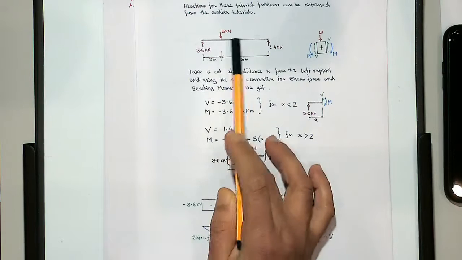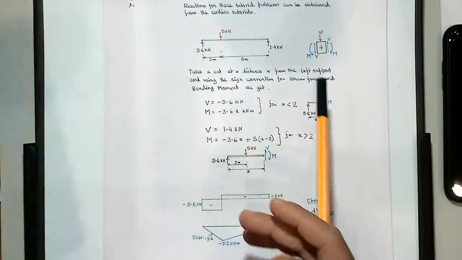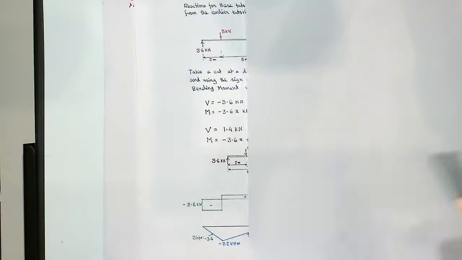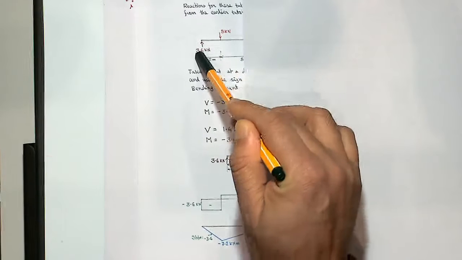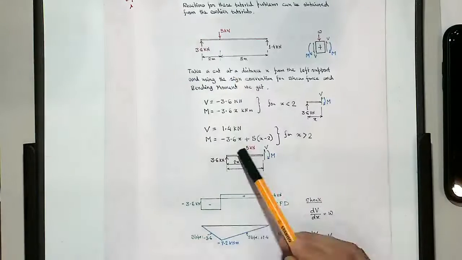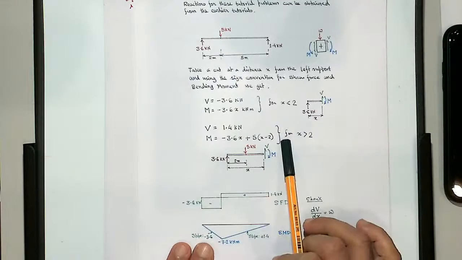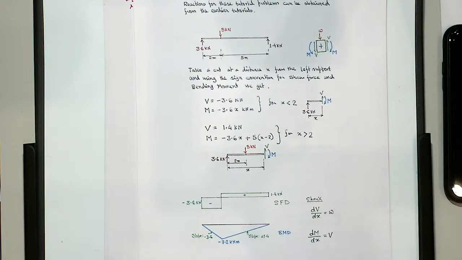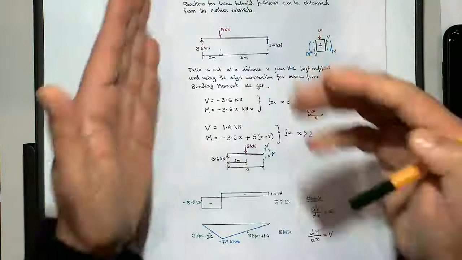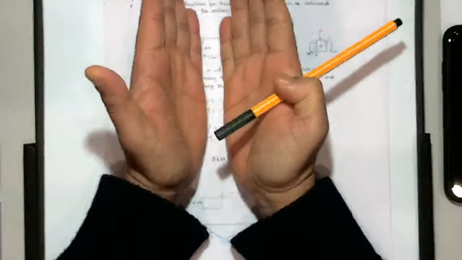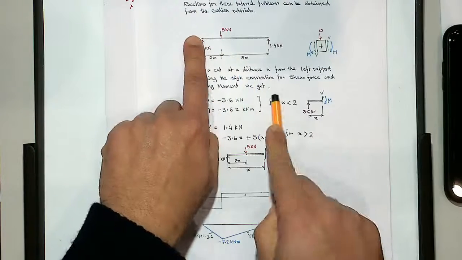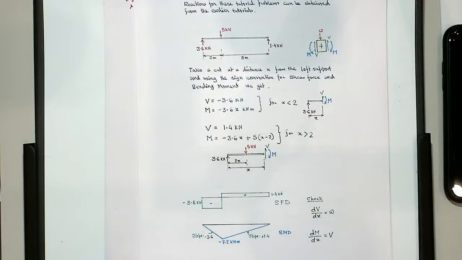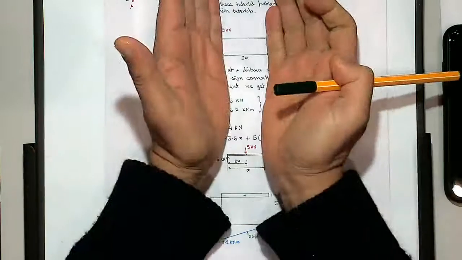If you take x more than 2 meter, then two loads come into the moment equation, the reaction force as well as the load. So the moment equation should be like this. So what you can do is integrate it section by section. You have got the moment equation M is minus 3.6 over this distance, so you could integrate using those expressions, and then you have it another way there.